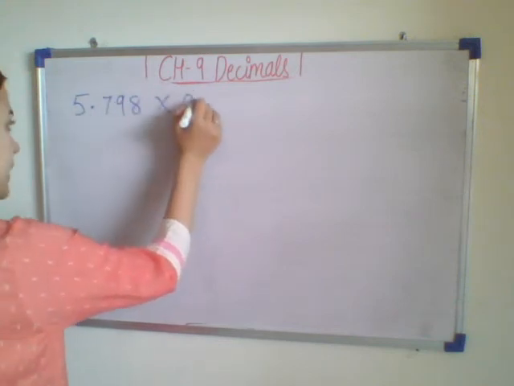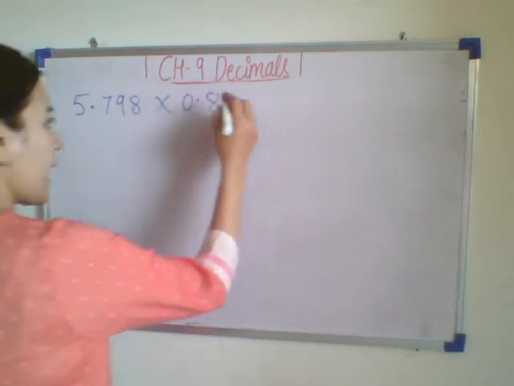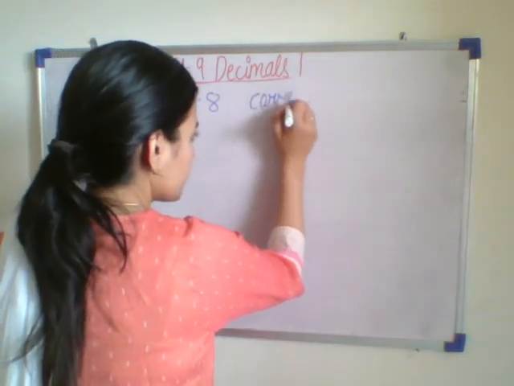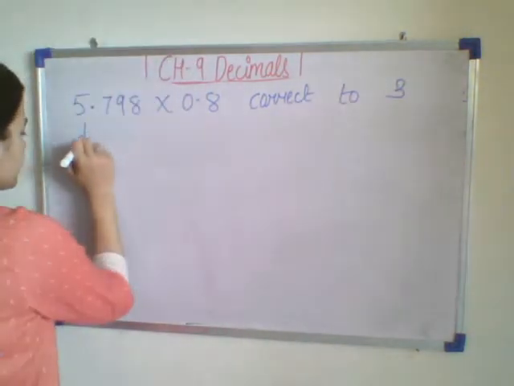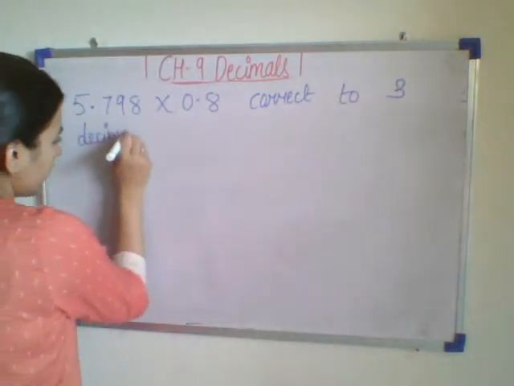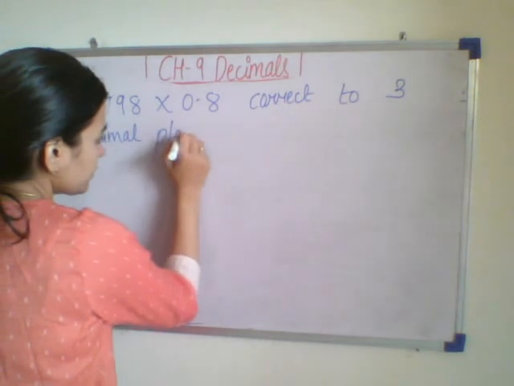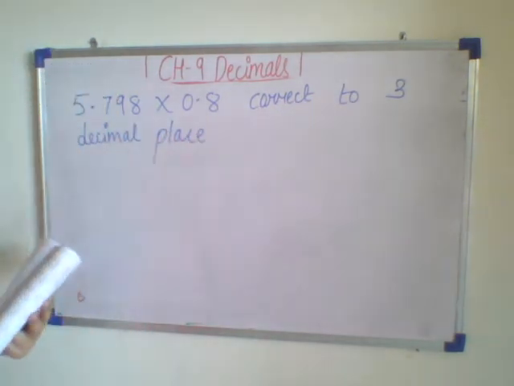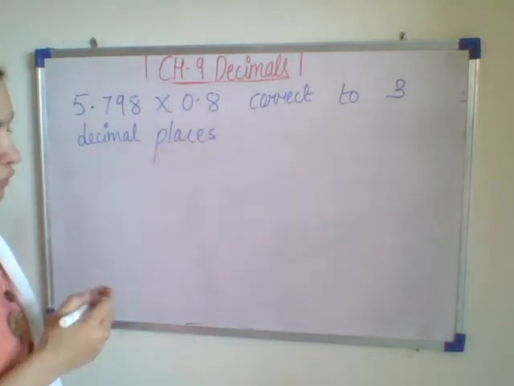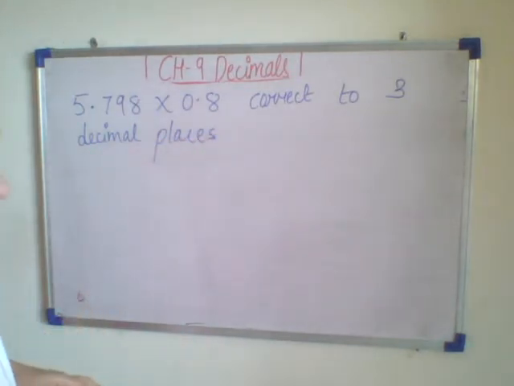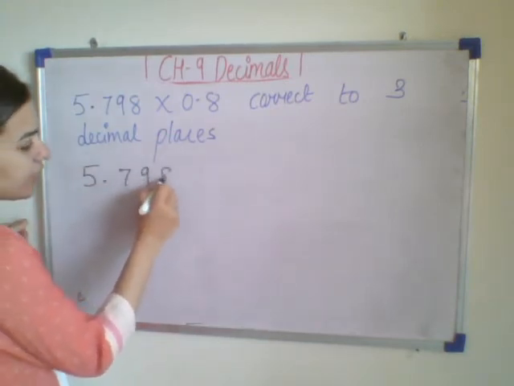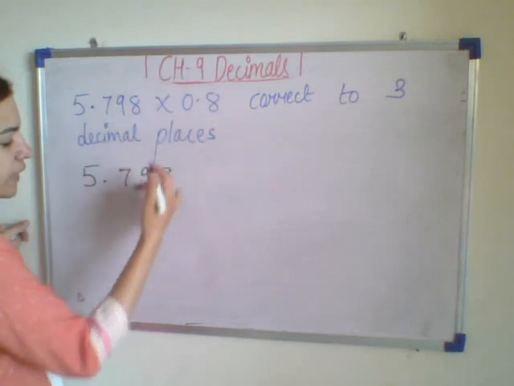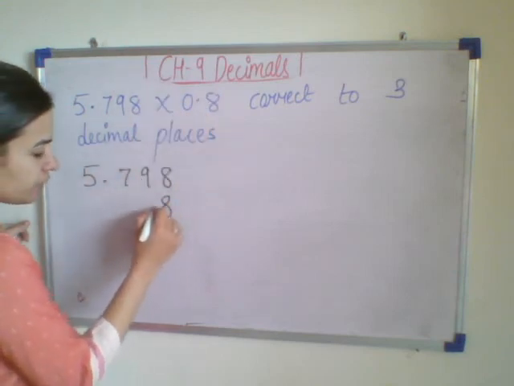You have to multiply it with 0.8, and then we have to correct to 3 decimal places. So first what we'll be doing? We will be multiplying this, that is 5.798. We can multiply it as we do the normal multiplication.